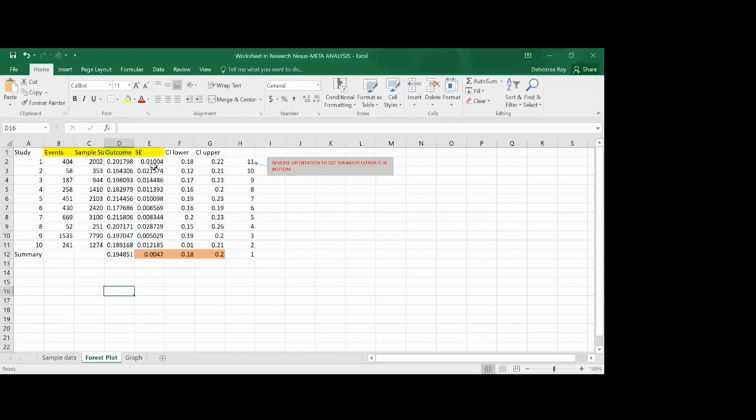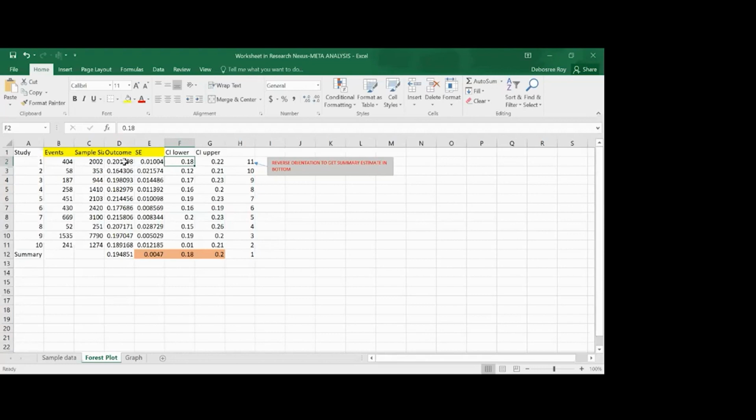With the standard error, I copy the standard error because sometimes you don't have the upper limit and the lower limit of your outcome measures, so you don't have a confidence interval around your outcome in the publication, so you have to compute the upper and lower confidence interval, which you can do from the standard error.